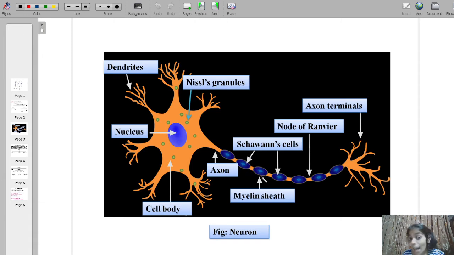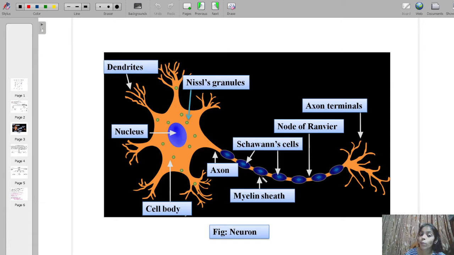So what may happen is, suppose one axon is carrying the information. Okay, impulse. Automatically or simultaneously rather, the adjacent neuron may get charged up, and which may result in some undesirable effect.